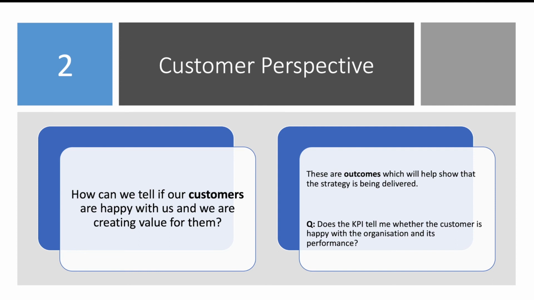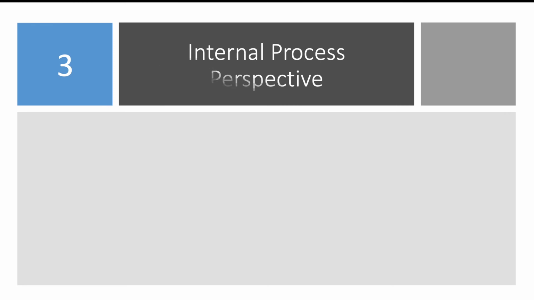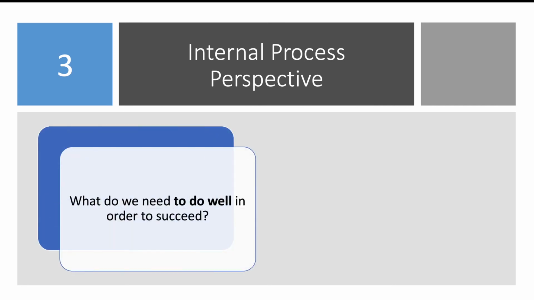Okay. Now number 3 is very important. It is about the internal process perspective, the internal process of the organization. What does that mean? What do we need to do well in order to succeed? What does our organization need to do well in order to succeed?